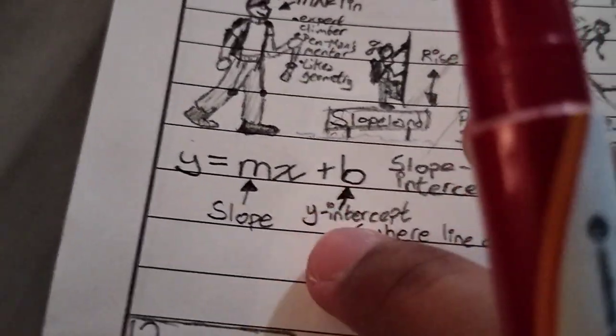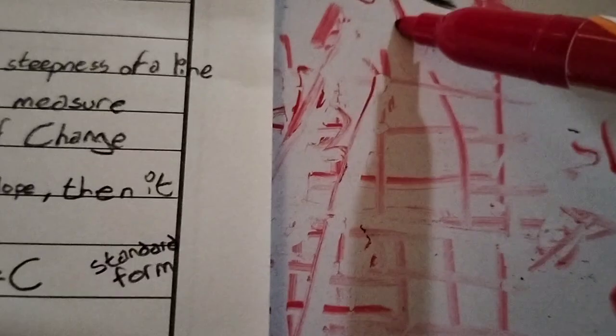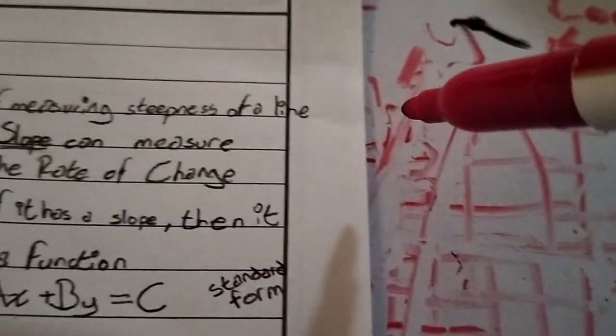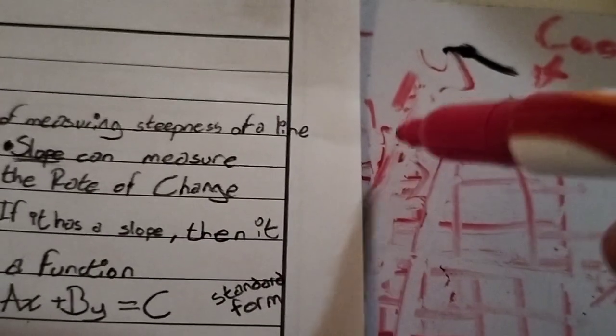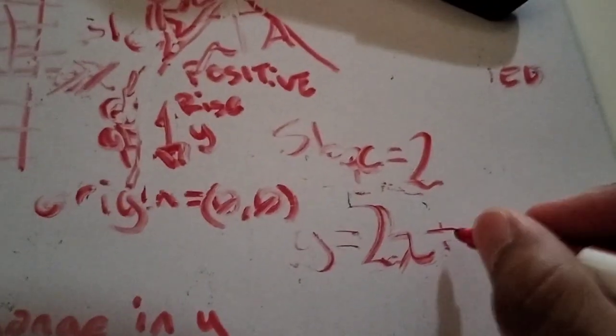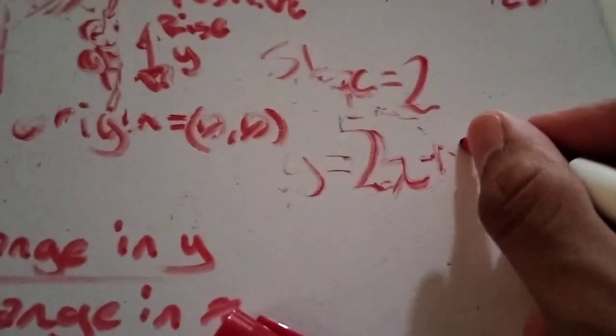B is going to be the y-intercept, also known as where this slope crosses the y-axis. Y-axis, this one is the x. Now see right here, it's going to cross this y-axis like 1, 2, 3, maybe 4. Like at the 4th, let me think, y-coordinate, so you're going to put 4.